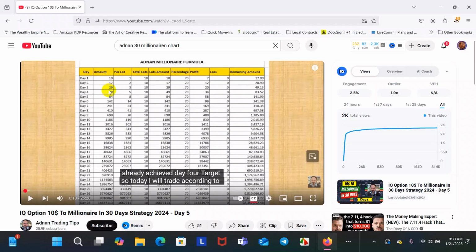Let's say you get to day 4 and you are at $49 and your target is $34. You don't want to go any lower than $29 trying to get to $34. Does that make sense? That's what God put in my spirit.